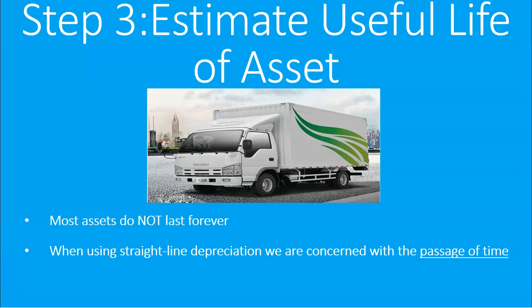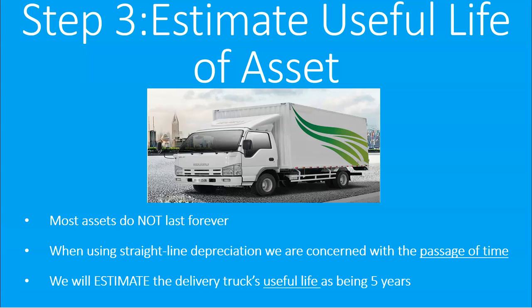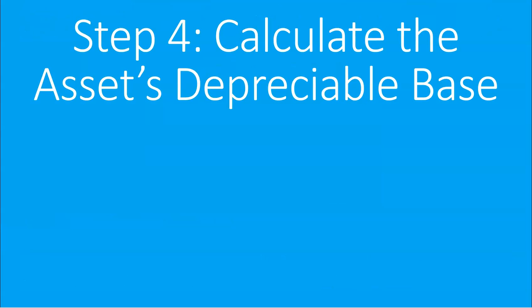When we're using straight line depreciation, we talked about this before on the slide for advantages and disadvantages. We are concerned with the passage of time, not actual use. And in this particular case, we're going to estimate the delivery truck's useful life as being 5 years. Again, this is another estimate of 5 years. So we need to calculate the asset's depreciable base.